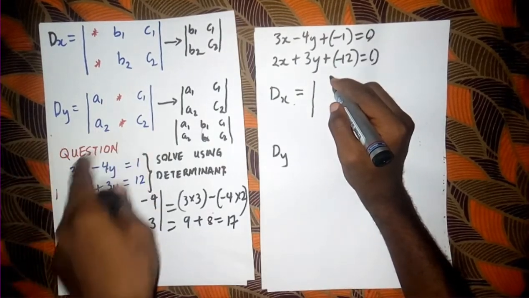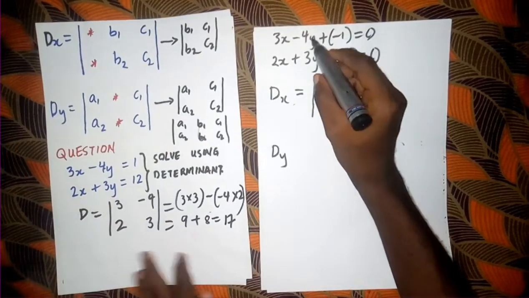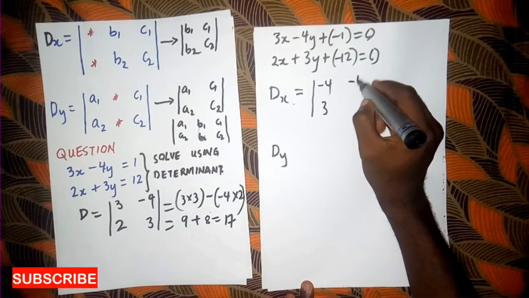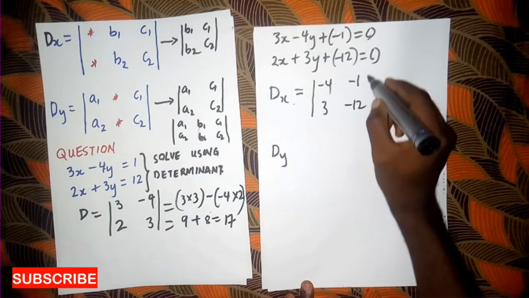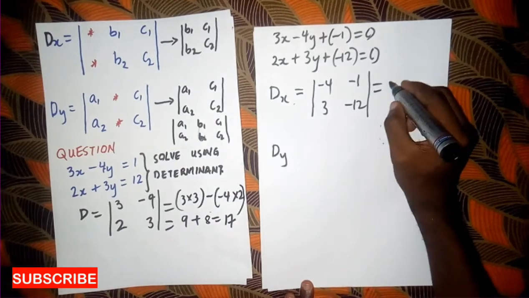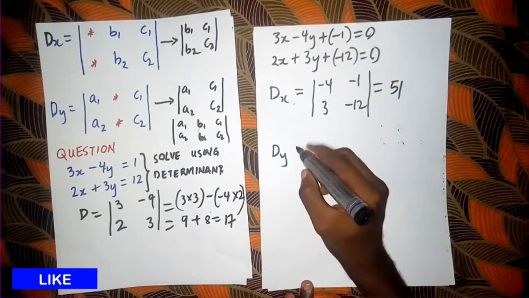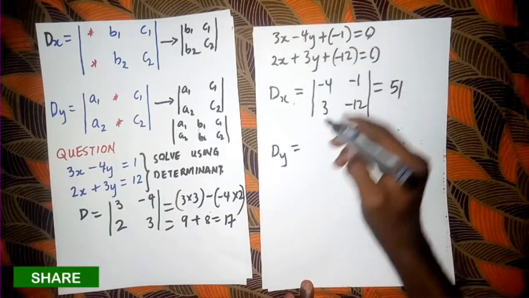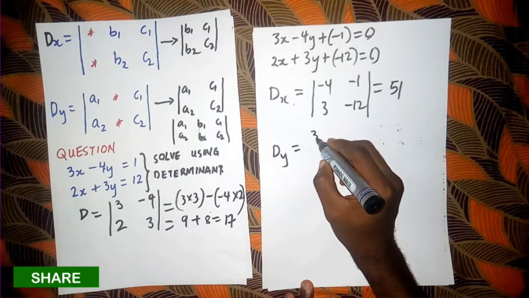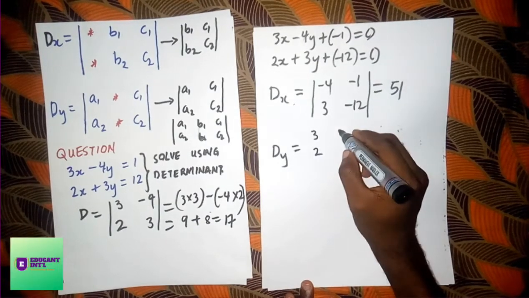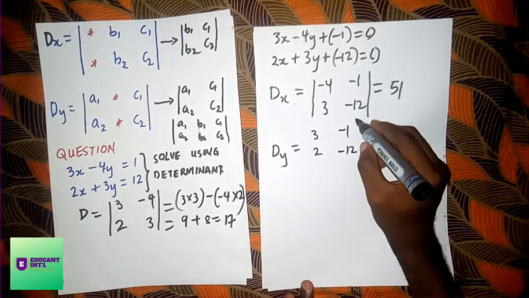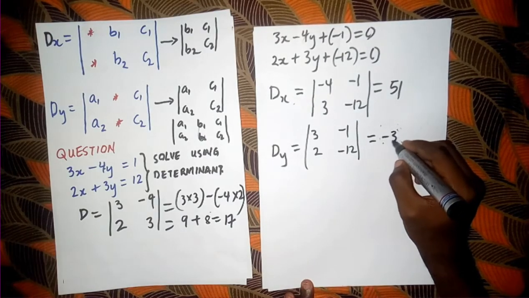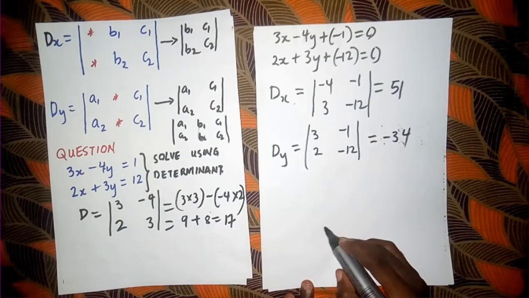So dx: we remove this and we are left with minus 4 3, minus 1 minus 12. If we solve the determinant, we get 51. For dy, we remove this and are left with 3 2, minus 1 minus 12. The determinant of this is minus 34.